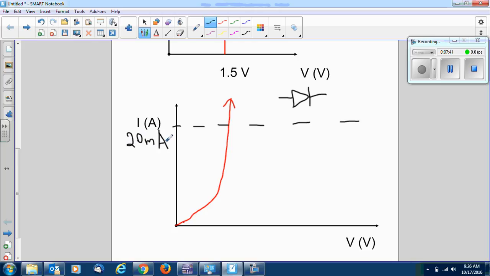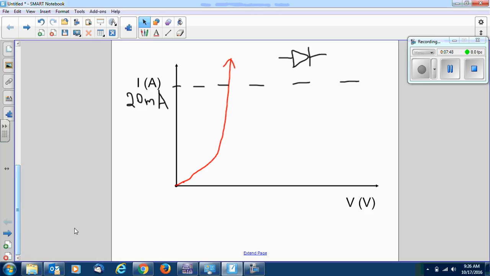And the forward current is a very special number. It's a number that you should never, ever go over if you don't want to burn your LED.